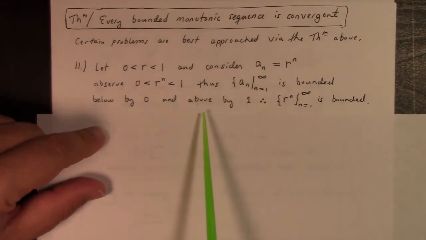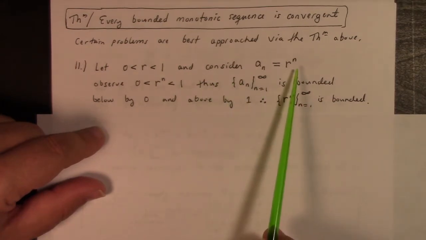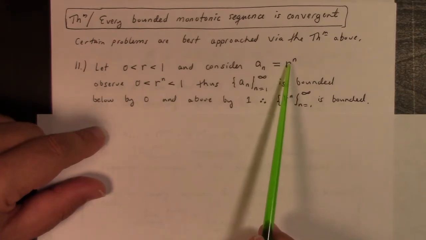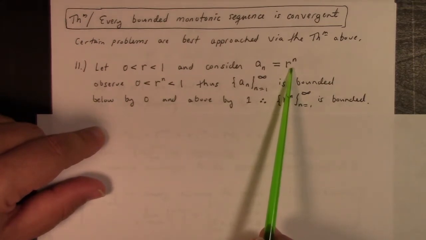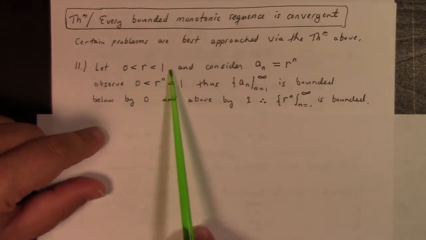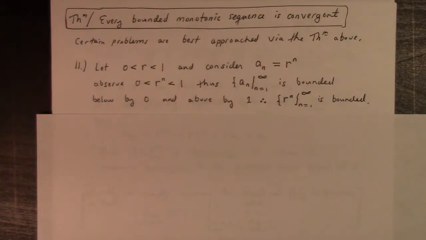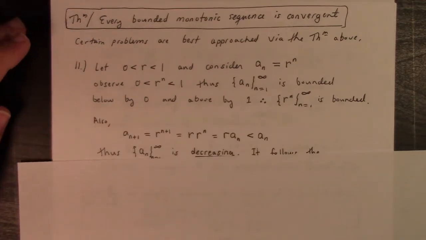And it's simple enough to show that this is actually a monotonic sequence, I believe it's decreasing, right? Because if you take r, 0 less than r less than 1, what happens? Here, let me just do that calculation. I think I've neglected to put that in here because when I was writing these examples, oh, I'm an idiot.